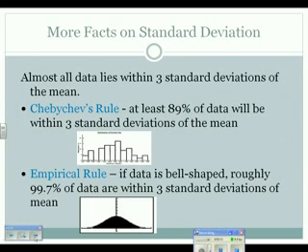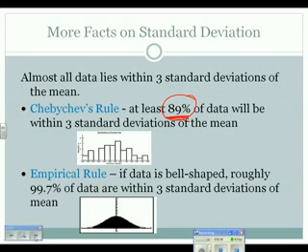And this is what we were talking about earlier when we said that almost all of our data is going to be within 3 standard deviations. Chebyshev's rule tells us that 89% of our data, no matter what the shape of the distribution. So remember last time we talked about all the different shapes of the distribution. They could be uniform and right skewed and left skewed and J and inverse J and all those different things.